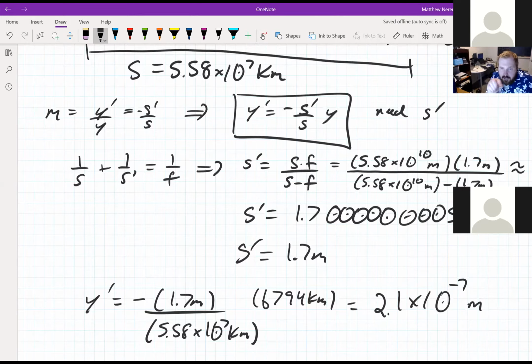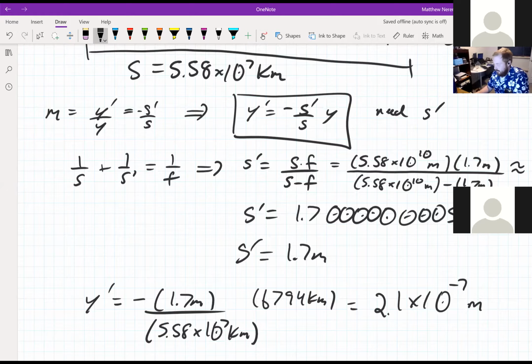Sorry, coming back. The diameter of Mars is this. Yep, that's closer to the answer I was expecting. So good news, I'm only off by orders of magnitude. Bad news is, where did I go off?